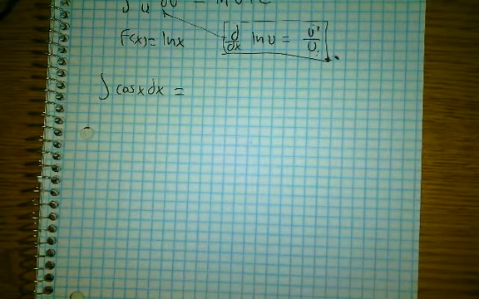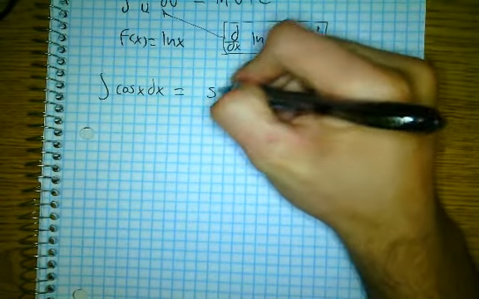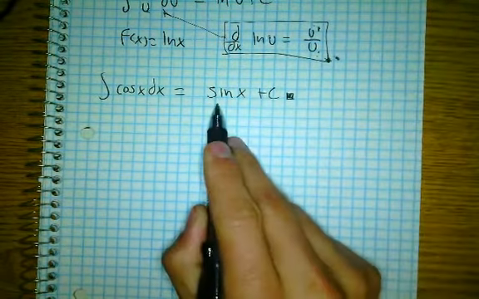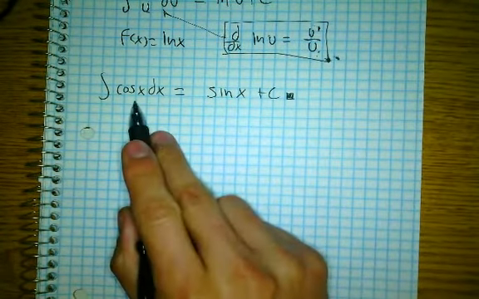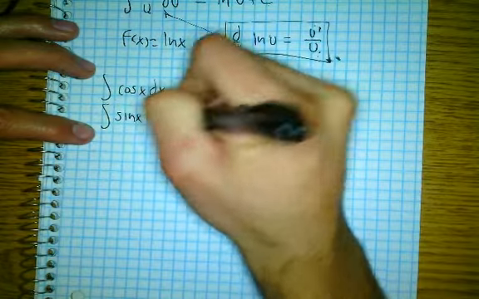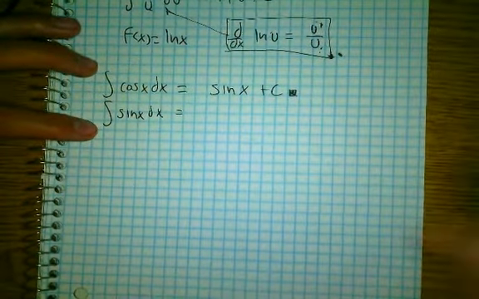Now, where I want to start today is you should already have memorized the integral of, for example, cosine x dx. What is that equal to? Positive sine x plus c, right? Because the derivative of sine x would be positive cosine. You should already know that the integral, or the antiderivative, of sine x dx is equal to what?